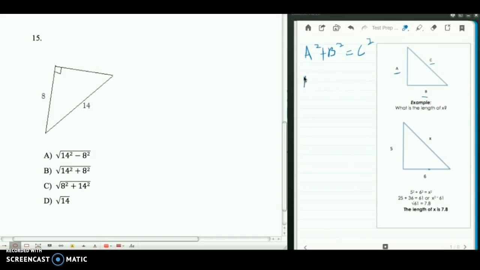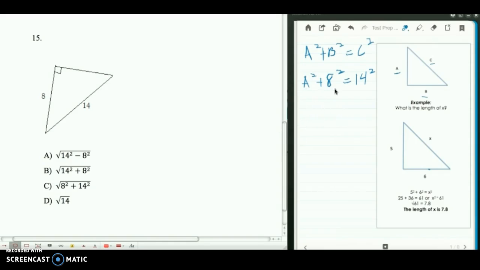So we're going to write out how to solve for that. B squared is going to be 8 squared, and c squared, always that long side, is 14 squared. Now remember, they want us to figure out how to solve it.